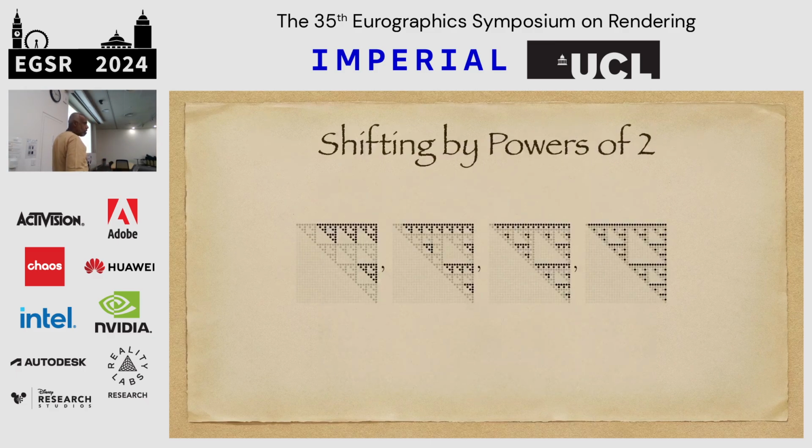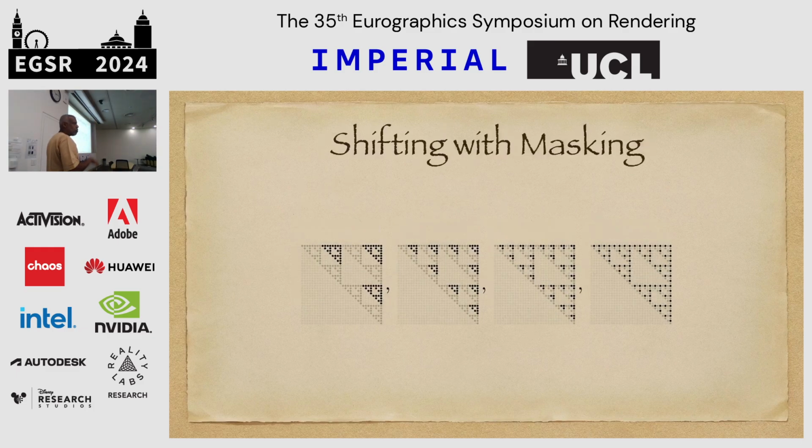With any power of 2 shift you also get good overlaps, but not perfect ones. But if you combine the shifting with masking, masking some columns first and then shifting, you get perfect overlaps like this.